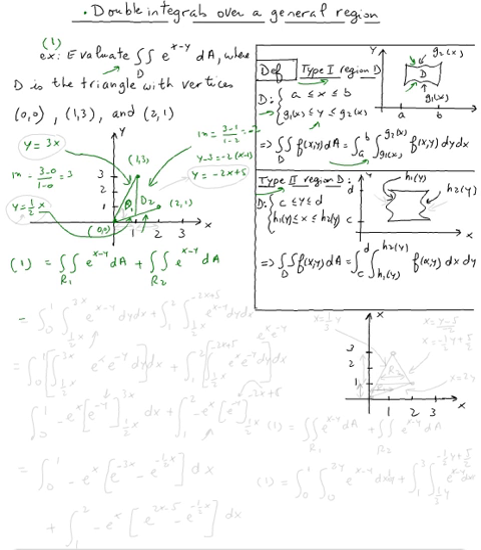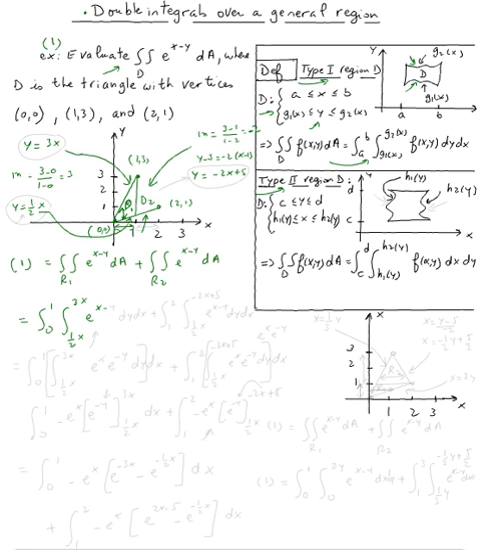Over region 1, we want x to go from 0 to 1, and we want y to go from here to here. So from 1/2 x to the top function, which is 3x.